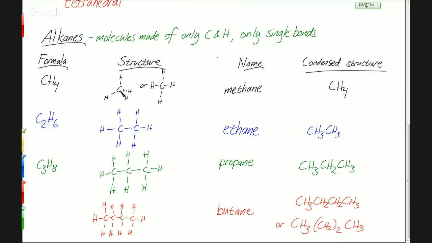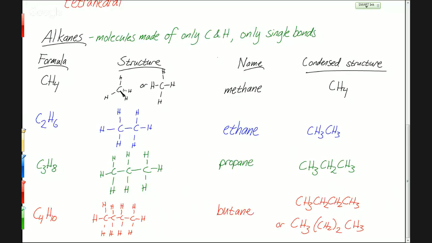That can become useful when it gets really big, like 10 or more carbons. But even this, you probably realize when you were writing, it's a lot easier to write this than to write this. So the condensed structure can save us some time. It's also a lot easier to type this, if you need to type something, than to try to put this into a document.